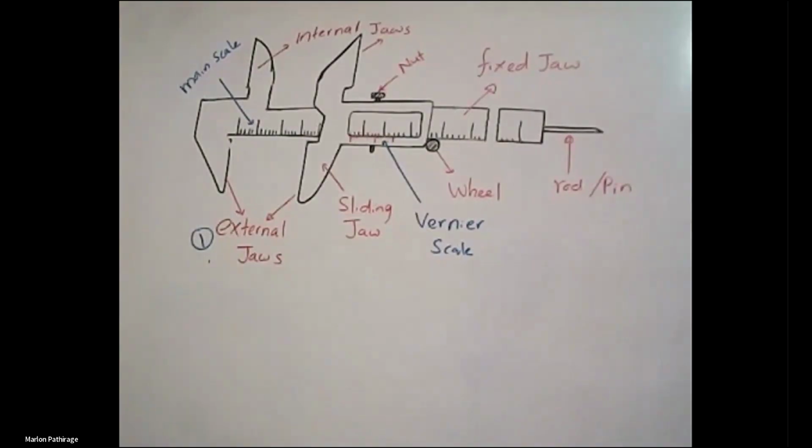And then the fifth one, vernier scale. The next part is vernier scale. So should I write the generally marked in millimeters?